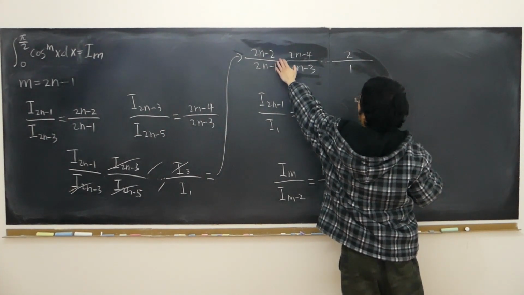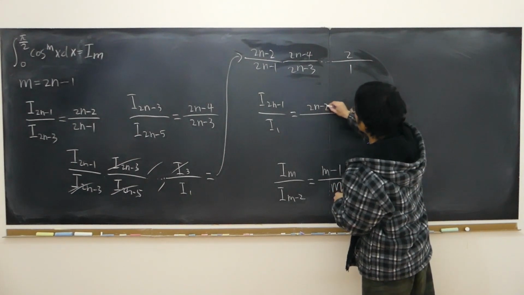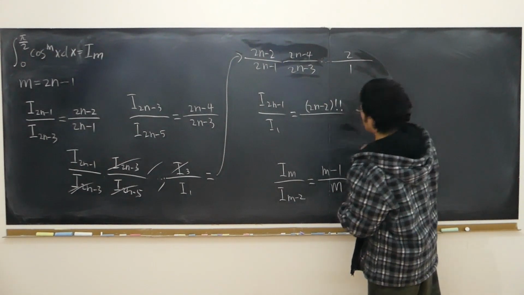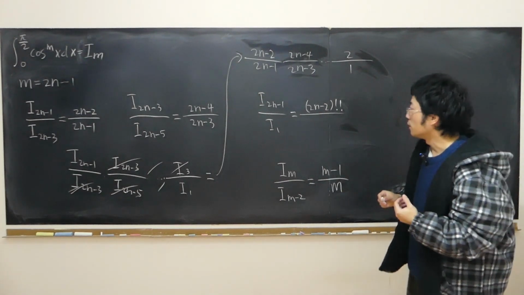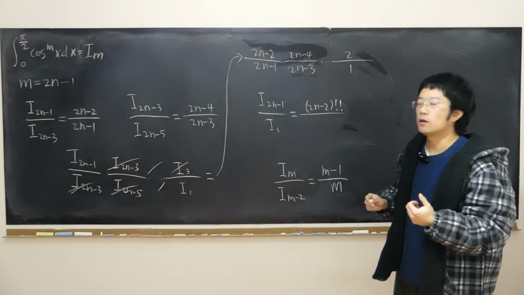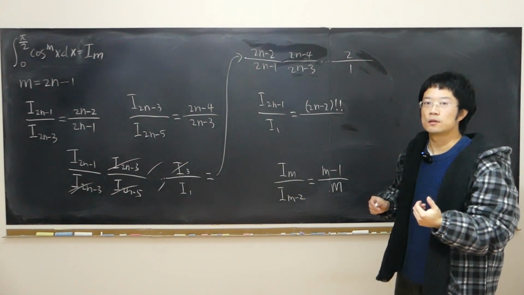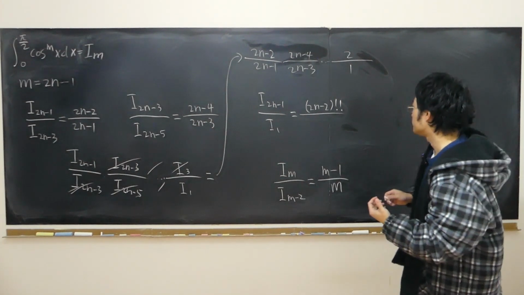I'll rewrite it as 2n minus 2 double factorial. So usually when we talk about factorial, for example, factorial of n, that means the product of all the positive integers, starting from n, all the way down to 1.